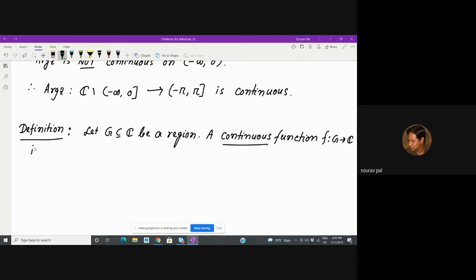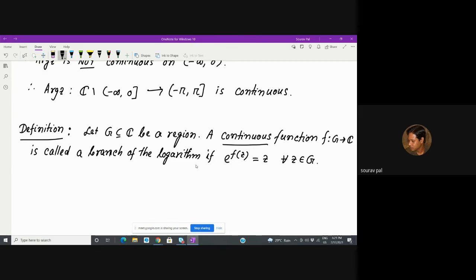It is called a branch of the logarithm if e to the f(z) is equal to z for all z belonging to G.